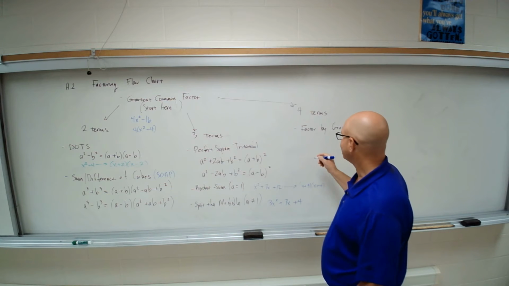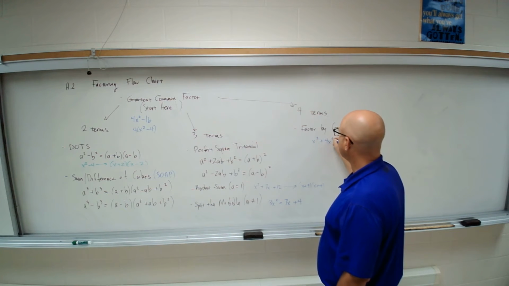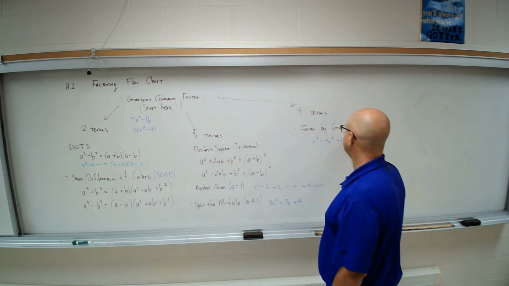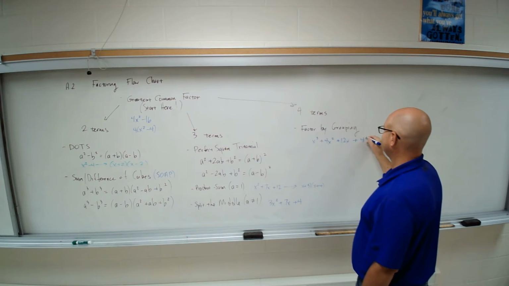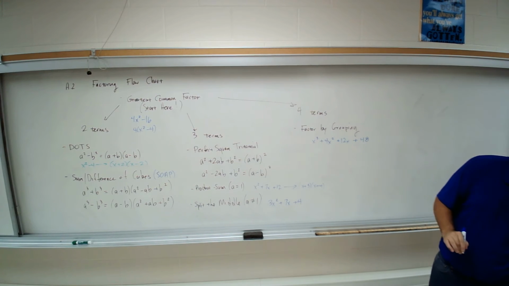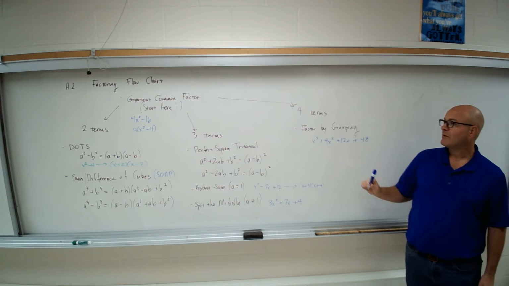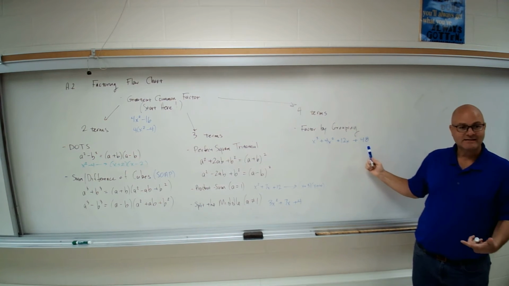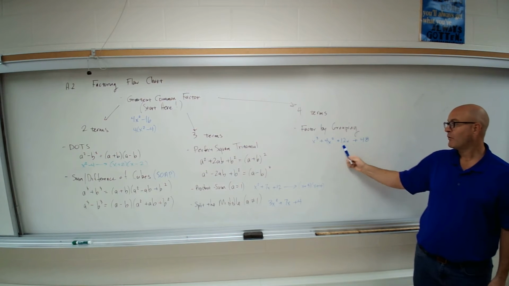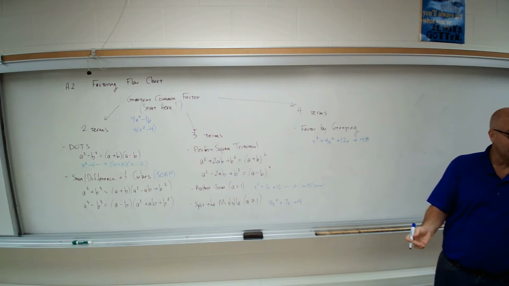These always look kind of silly, but maybe like x cubed plus 4x squared plus 12x plus 48. That's not a great example, but as I look through it, the first thing I'm looking for is a common factor. They don't all have x's, so x is not a common factor. Even though 4 goes into 3 of the numbers, it doesn't go into the 4th one, so it's not a greatest common factor.